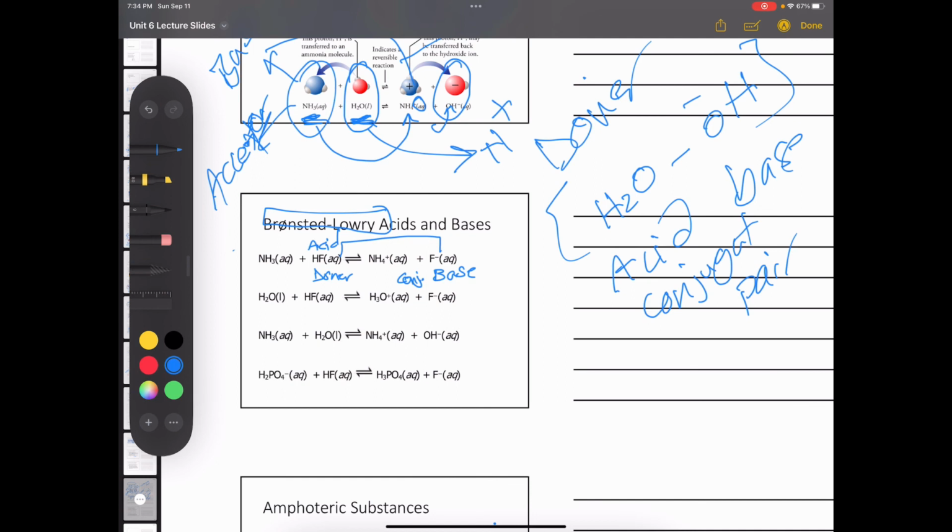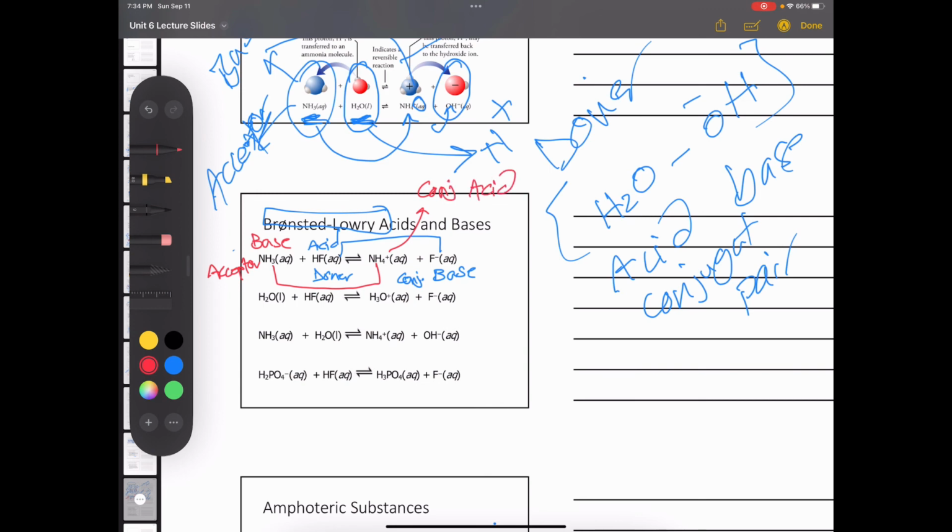Okay? Now let's look at the ammonia. The ammonia has gained a proton, so it is the proton acceptor. So the ammonia is the base, the ammonium is the conjugate acid.